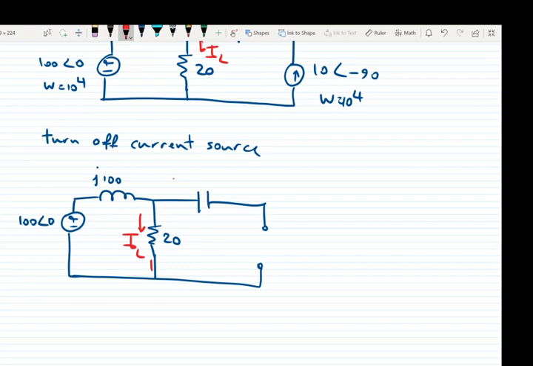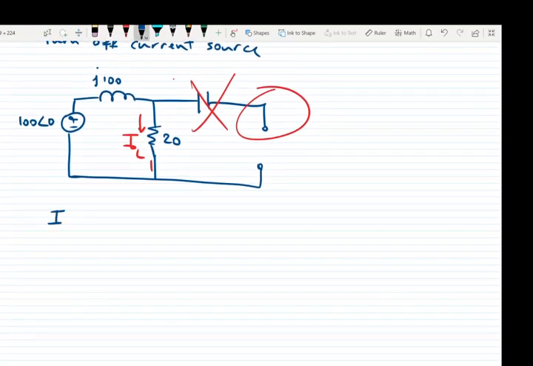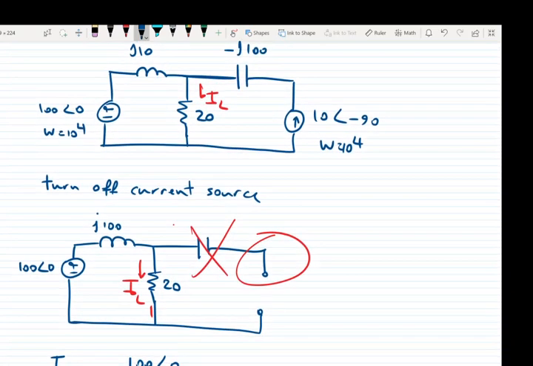Since one terminal of the capacitor is open, the capacitor is off the circuit, and in order to find the current, we can simply say IL1 is equal to the voltage over the impedance, which is 20 plus j10.